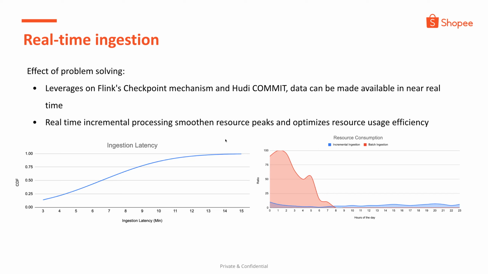Because we switched to the real-time pipeline, the repeated processing of data is reduced. It also reduces the resource consumption caused by batch full snapshot processing. As a result, our resource consumption is much lower than batch processing. Okay, next.